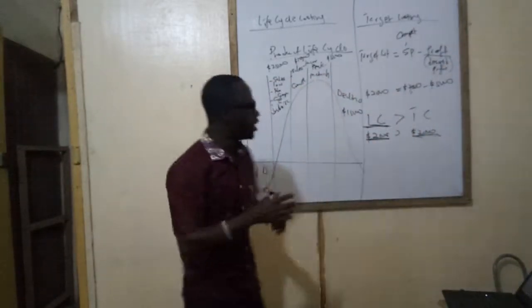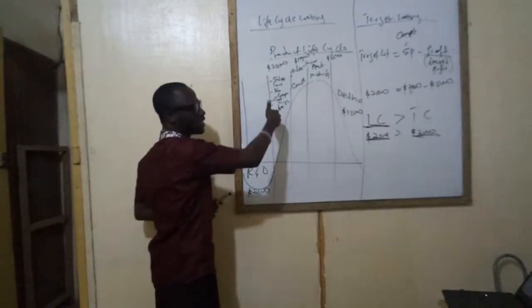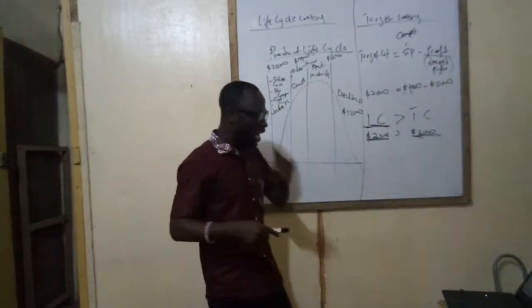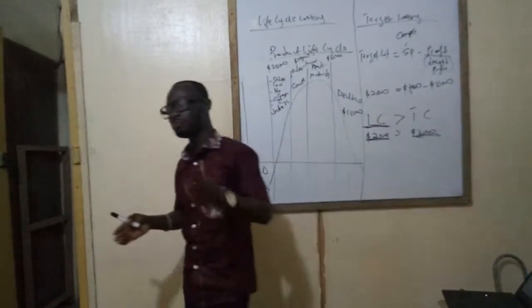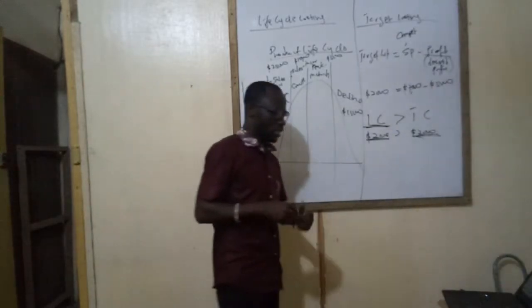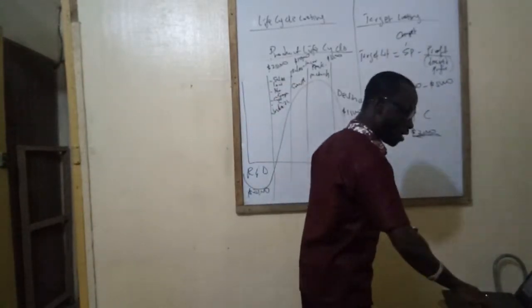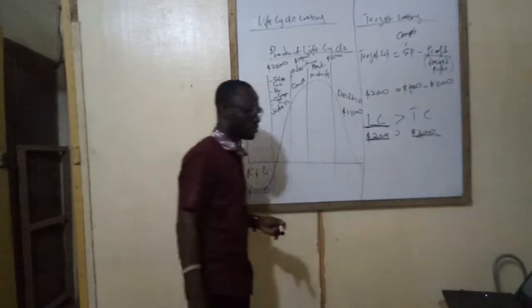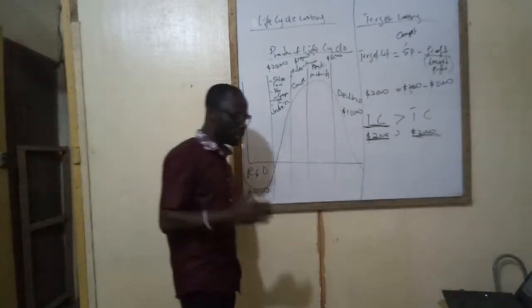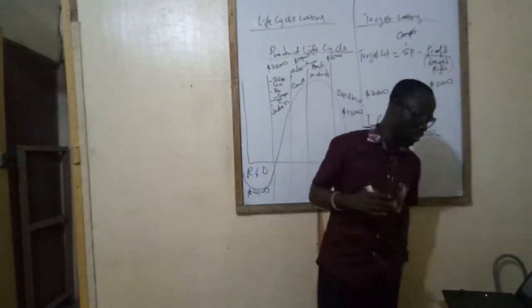So one of the ways to reduce or maximize the life cycle cost is to minimize the time to the market.